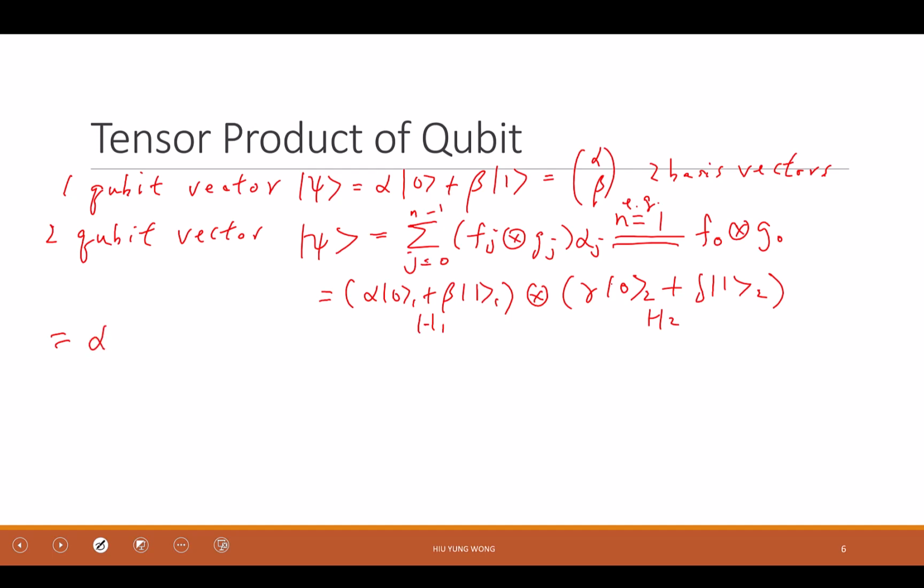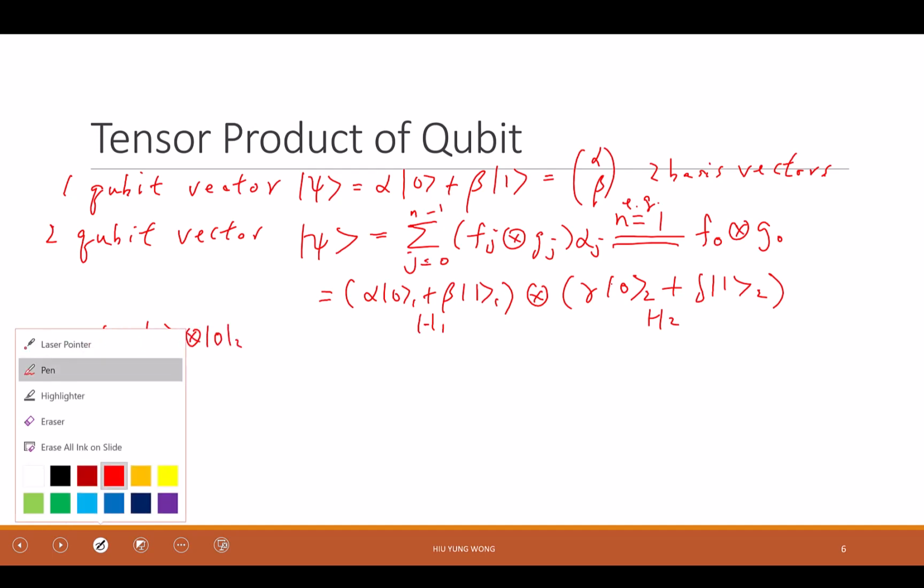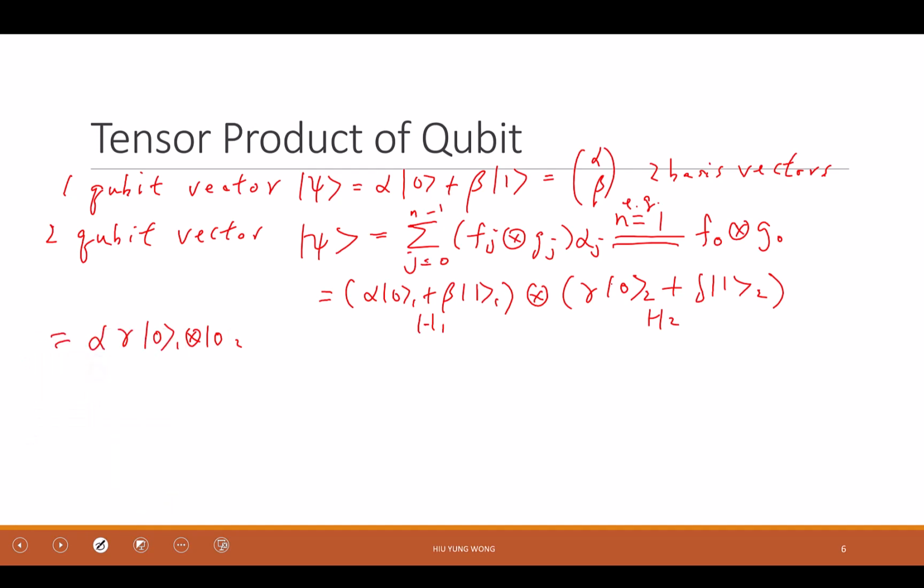It becomes alpha gamma 0_1 tensor product 0_2, plus alpha delta 0_1 tensor product 1_2, plus beta gamma 1_1 tensor product 0_2, plus beta delta 1_1 tensor product 1_2. I missed the tensor product here. Is this okay?